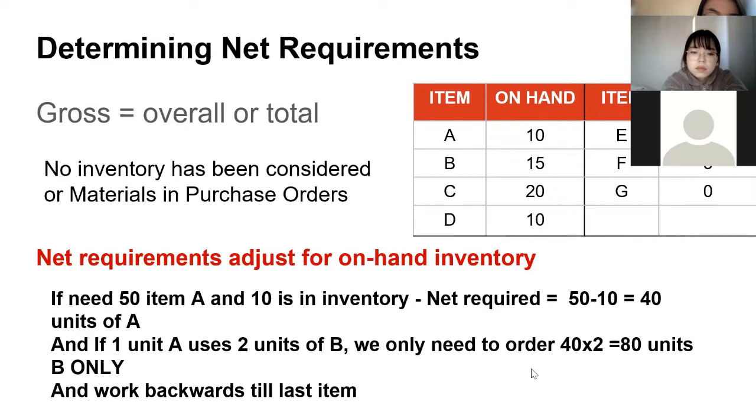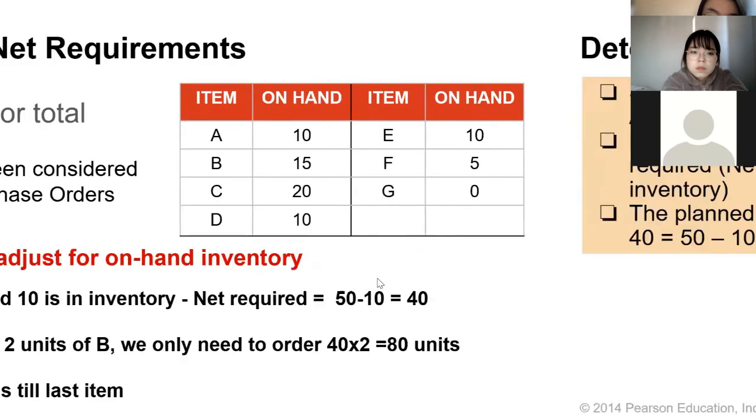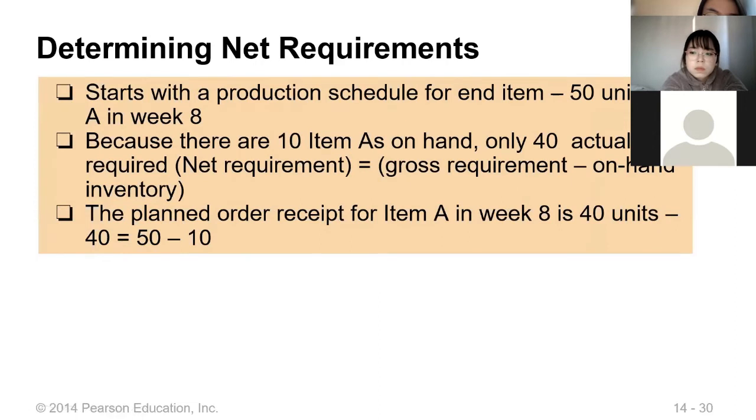Let me see. Okay, let's finish this slide first, then I want to give you a break. So just think about this. What happens is that we are going to add another row in our planning sheet to actually account for that.